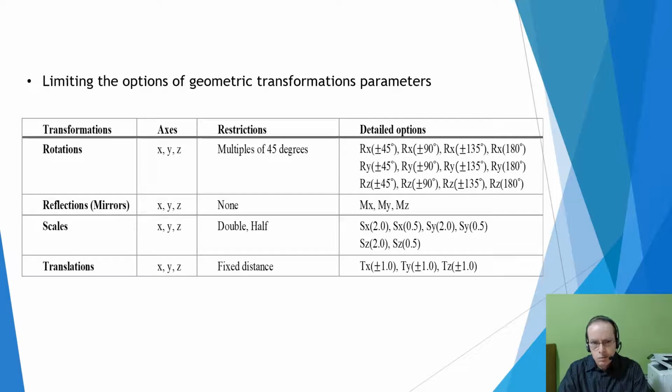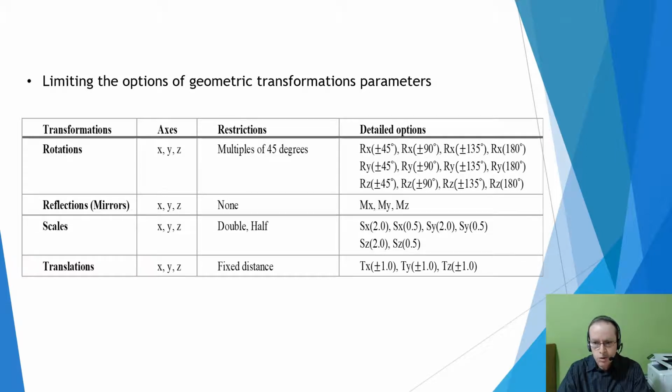We put heavy constraints on the transformations parameters. This table shows all the options, which are very limited. For example, rotations only in multiples of 45 degrees, scales just two cases, double or half, and translations just a single distance.